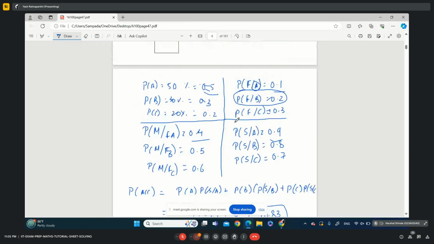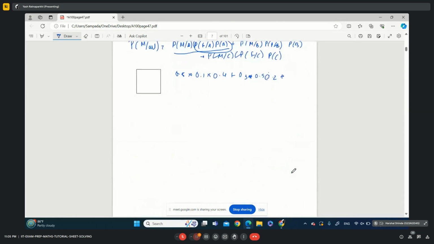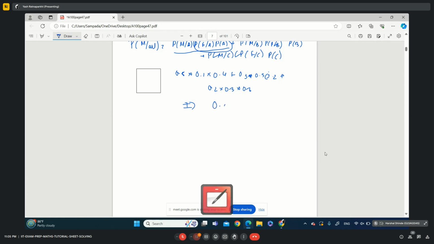And the third case is 0.2 into 0.3 into 0.6. If I evaluate it, what will be the final answer? It is 0.086. That is the right answer.